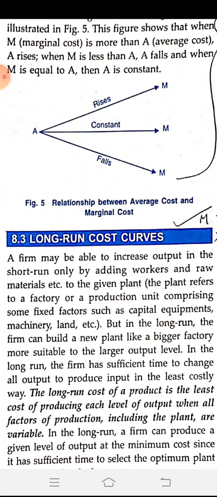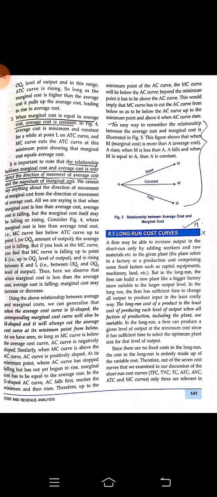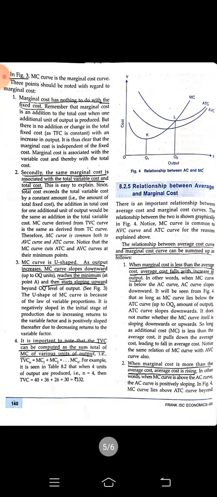Okay, the same thing has been drawn here again with this graph. In this graph they are trying to explain the relationship between the average cost curve and the marginal cost curve, which can be summed up as follows. When the marginal cost curve is less than the average cost curve, average cost falls with increase in output.